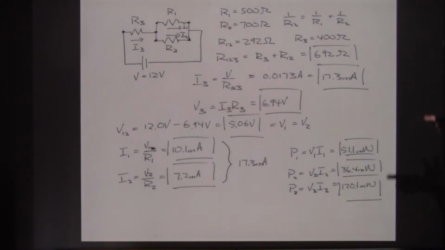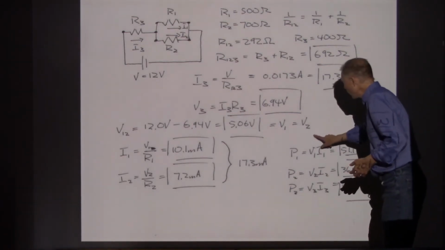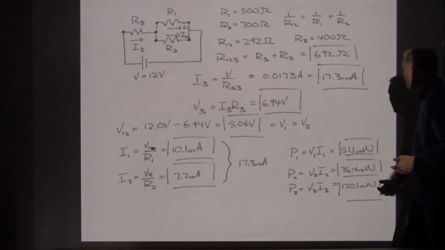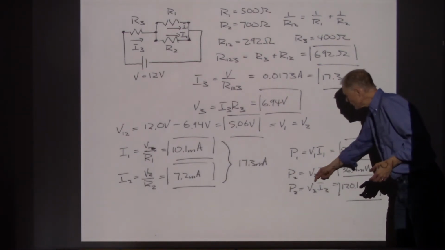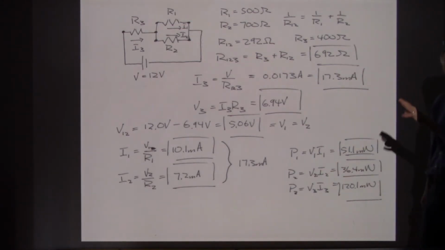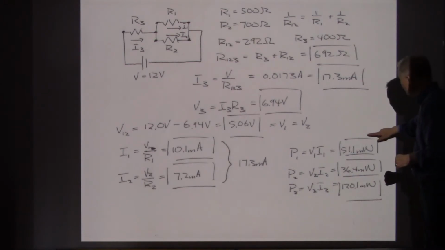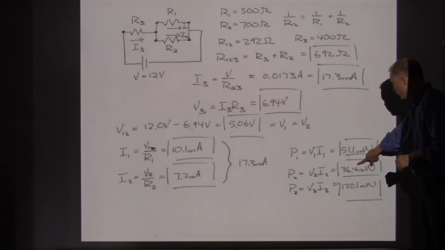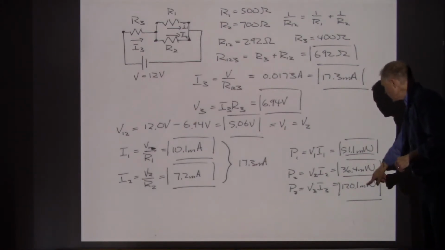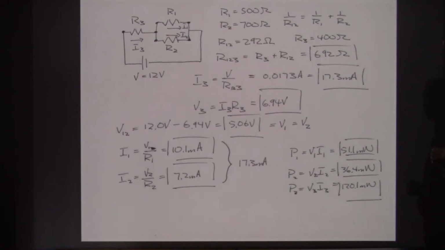Each one of the resistors is in the process of converting electrical energy to thermal energy, and so I can do P1, P2, and P3 by multiplying V1 and I1, V2 and I2, V3 and I3. I can, again, look at each of those three devices individually. This is 51.1 milliwatts, 36.4 milliwatts, and 120.1 milliwatts.